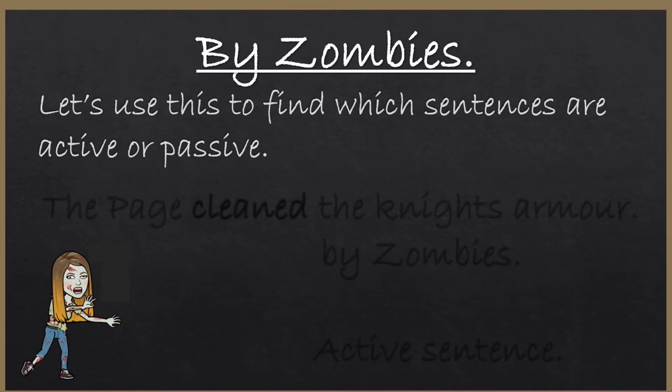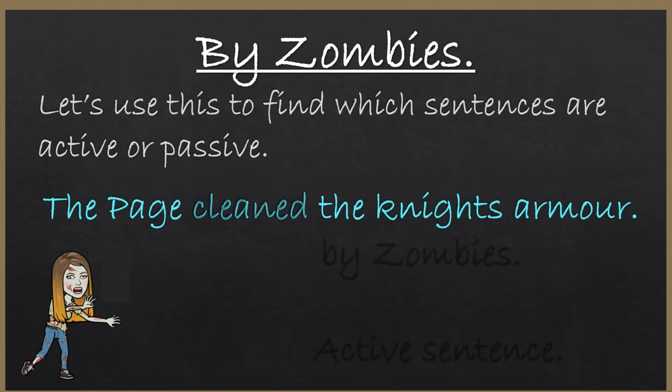Let's use this funny way to find which sentences are active or which are passive. Here's our first sentence. The page cleaned the knight's armour. Well, first we need to find the verb. Remember, this is the action word. Can you see it? Yes, cleaned. That's our verb.